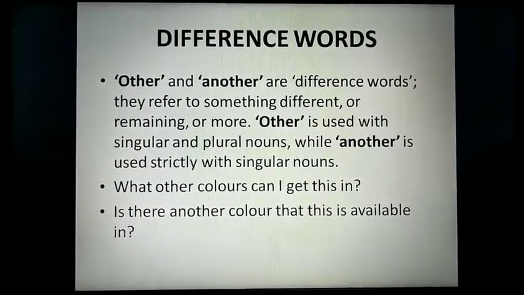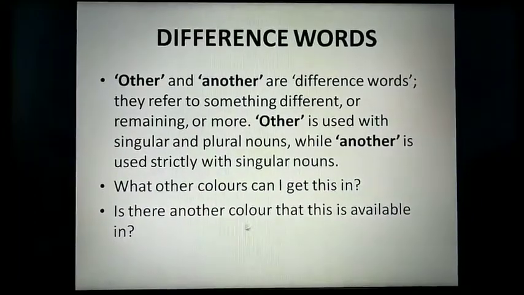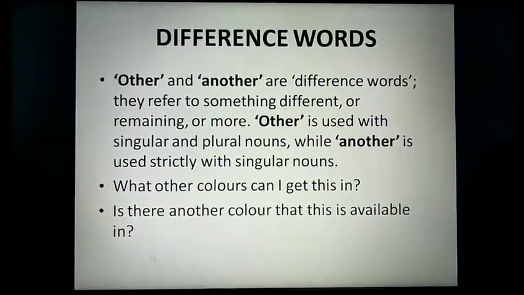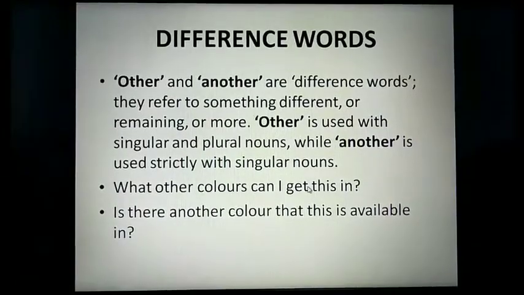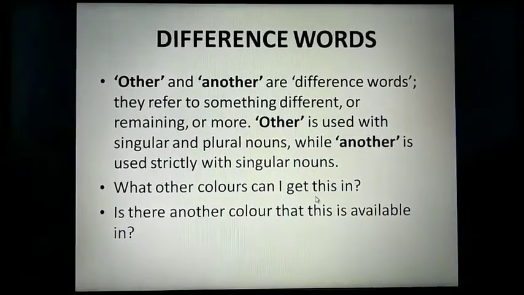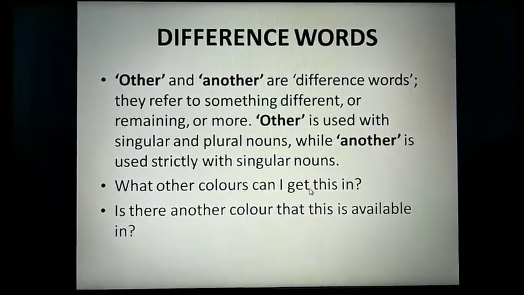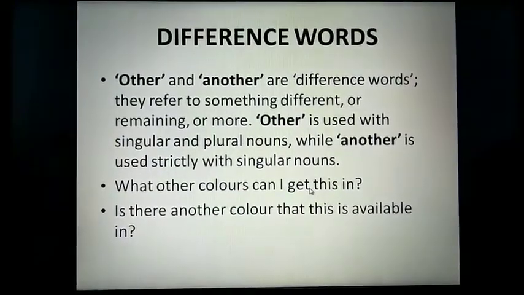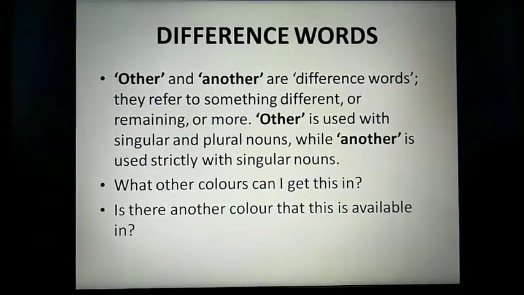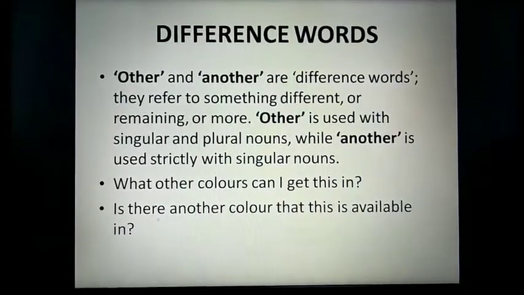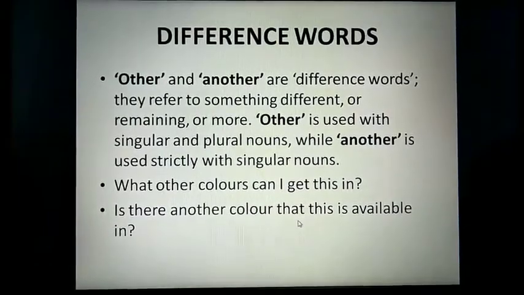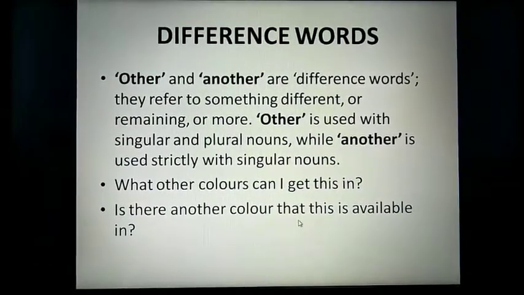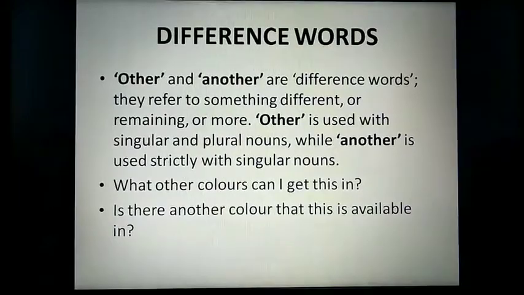Example of another, is there another color that this is available in? That means here we are referring to some object and the person is inquiring if he or she can get a few more color options. That a particular object is available in some other color also.